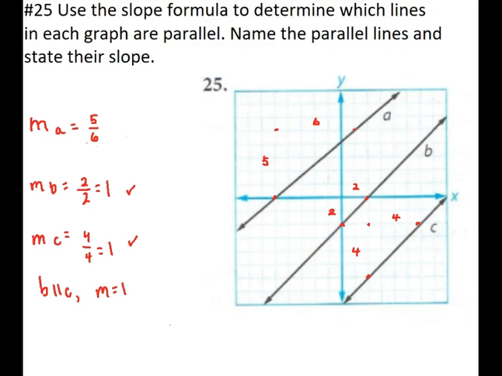Let me go ahead and change colors here. So let's look at line A. The measure of line A is determined by the convenient points that we find.